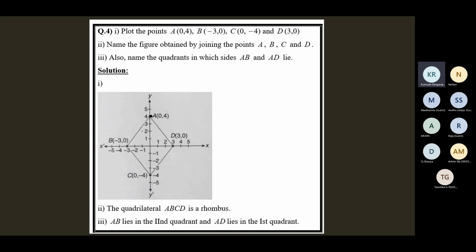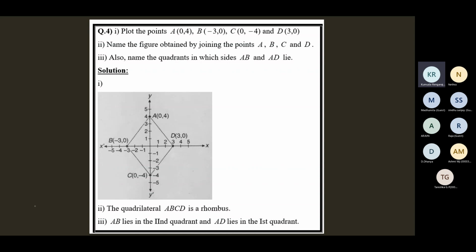So here, A is minus 3, 0, B is 0, minus 4, C, and 3, 0, D. Then you'll have to join AB, BC, CD, and DA. Okay. So ABCD is the quadrilateral.